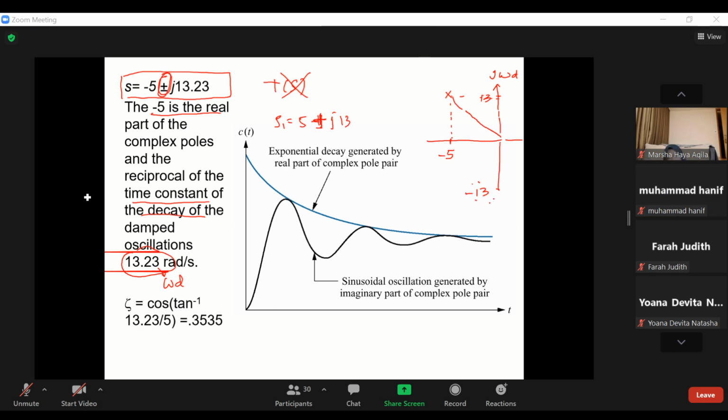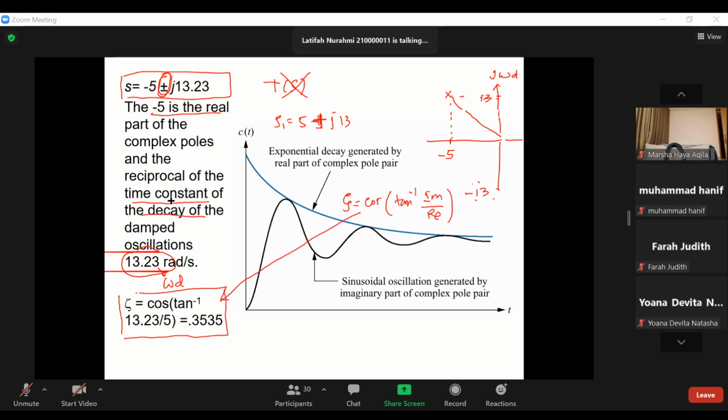Zeta can be found from cosine of the tangent inverse of the imaginary part divided by the real part. That is the expression.